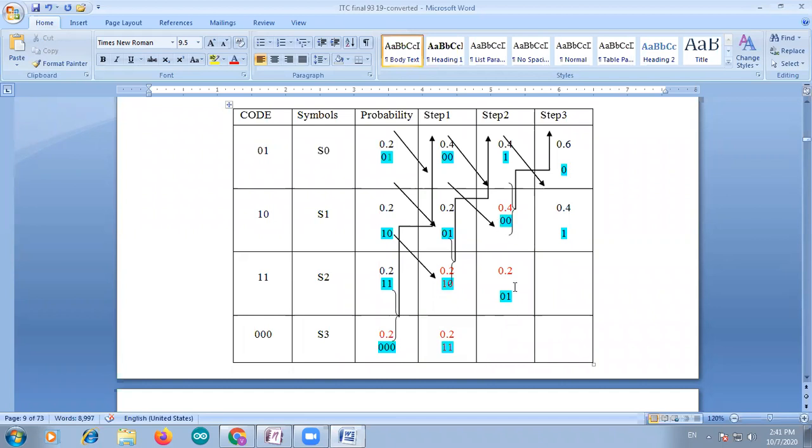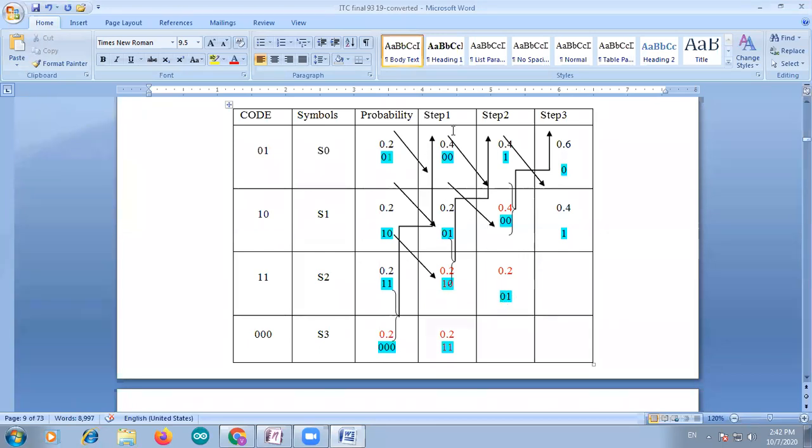The 0 is the first digit, and 0 and 1 follow for the second digit, with the highest probability getting 0 and the lowest probability getting 1.